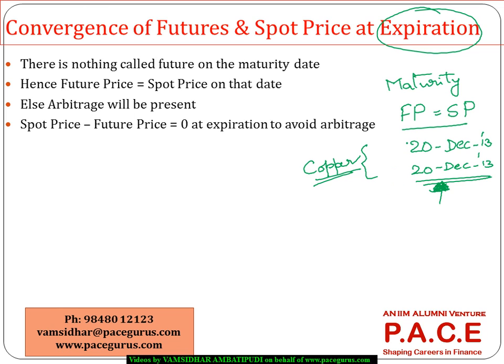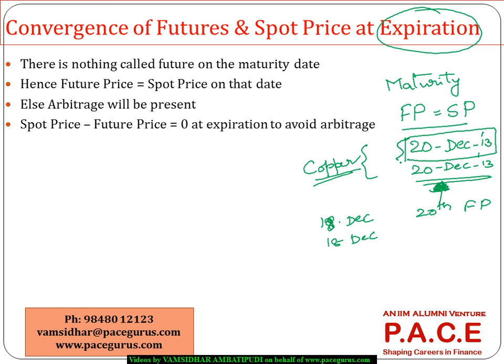And at the same time, the futures price, which is expiring on 20th December 13, is also the price for delivery of copper on 20th December 13. If today's date is 19th or 18th December, the delivery price for the 20th, which is the futures price, may be different from the delivery price for the 18th, which is the spot price.